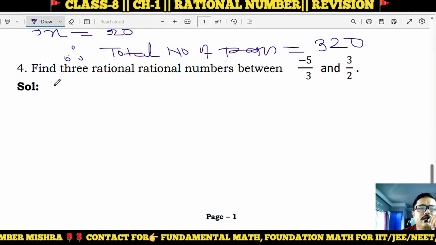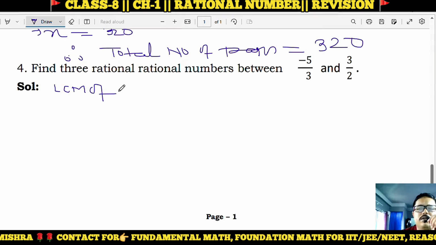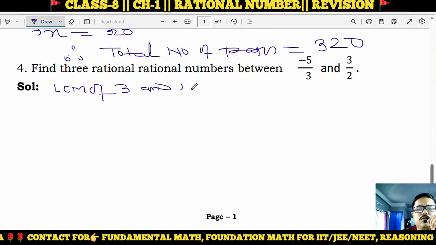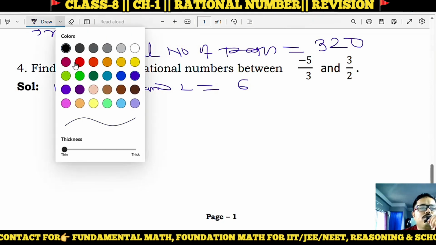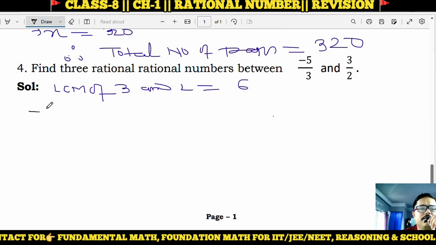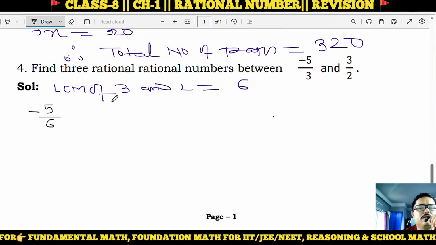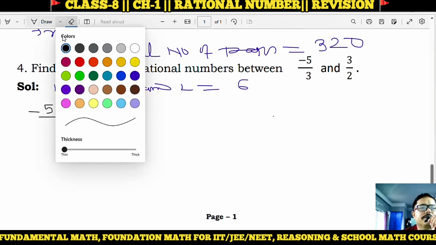In that method we need to find the LCM of 3 and 2, that means the denominators, which will come to 6.